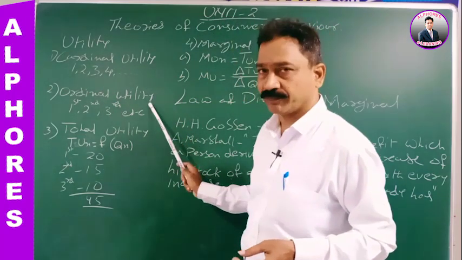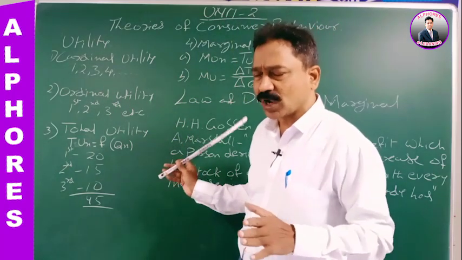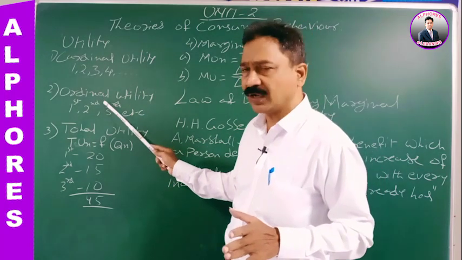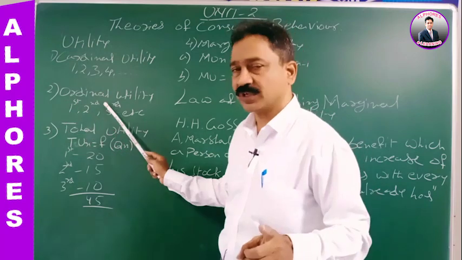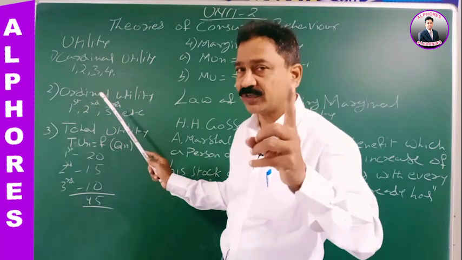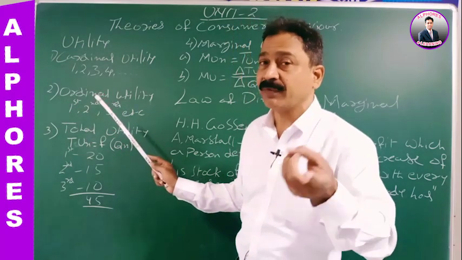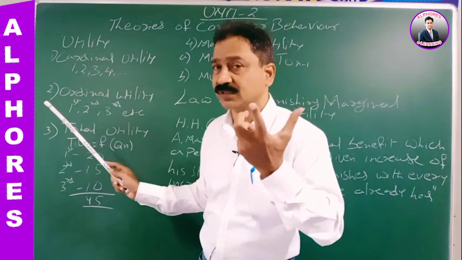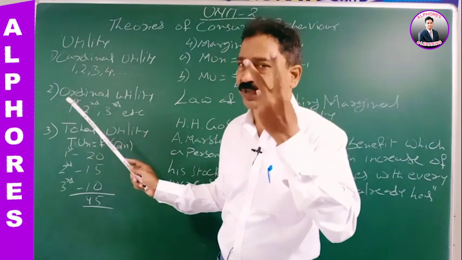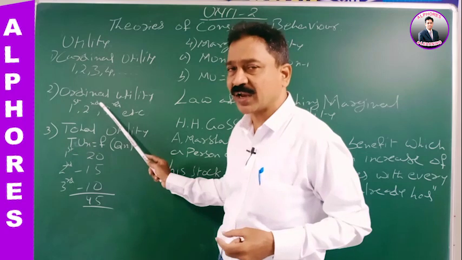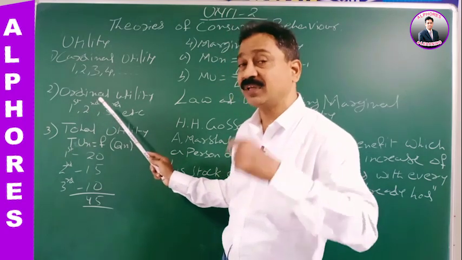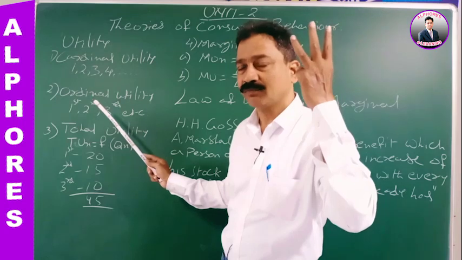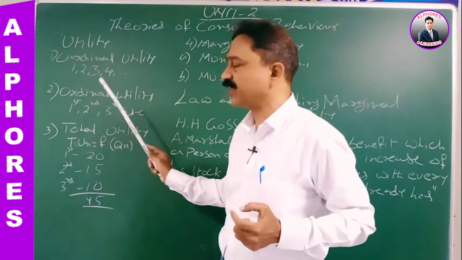ordinal utility. Even though in this topic we are not going to use the ordinal utility, still you need to know the concept. You need to have the information. Already I told you, information taking is at two levels: knowledge base and marks base. For the knowledge base you can have this. We will discuss this in the same chapter, but in the third law we will use this ordinal utility.